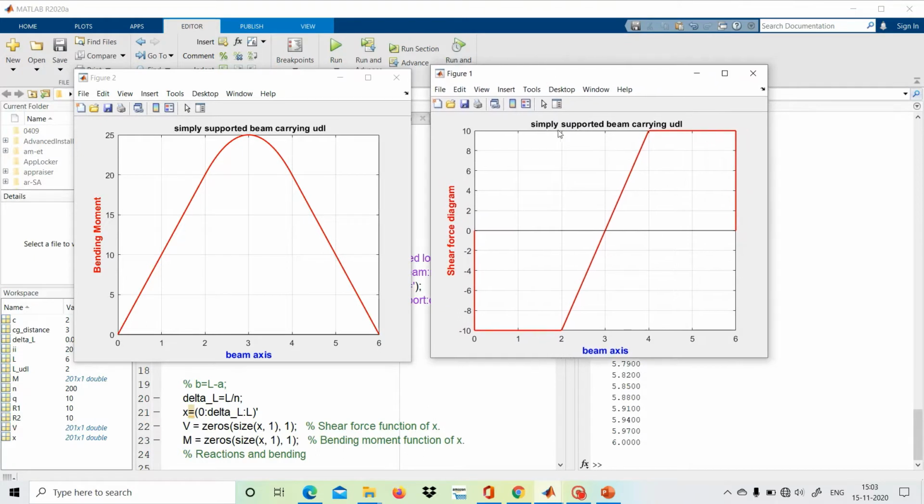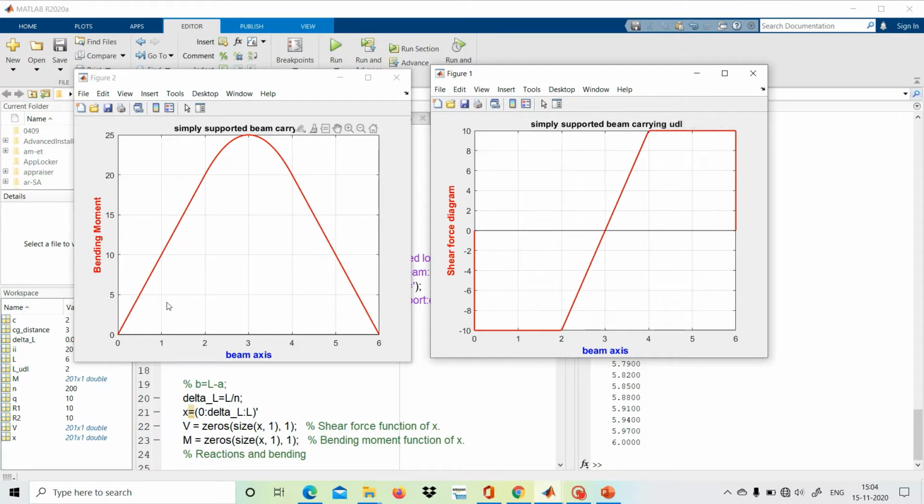The first figure is the simply supported beam carrying UDL, showing the shear force diagram with the beam axis, and here is the bending moment diagram with the beam axis. We can see that the shear force in section 1 is constant, then varies linearly in the second section because the UDL was acting there, and then again becomes constant.